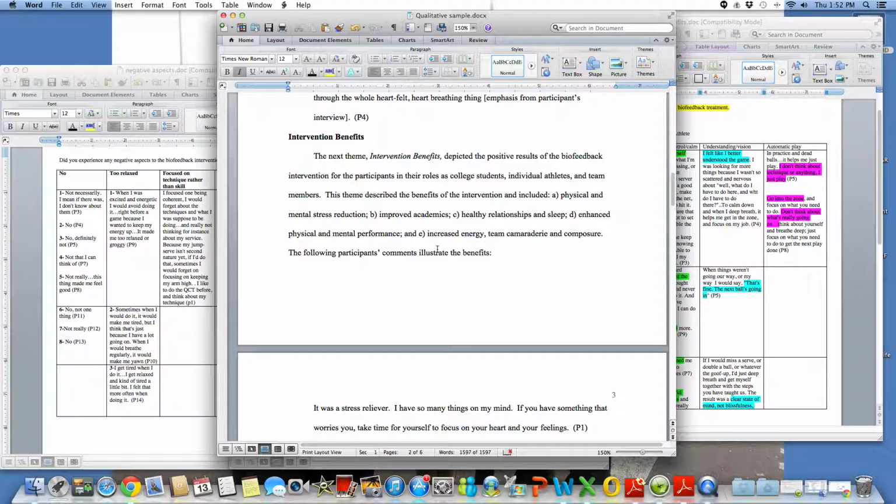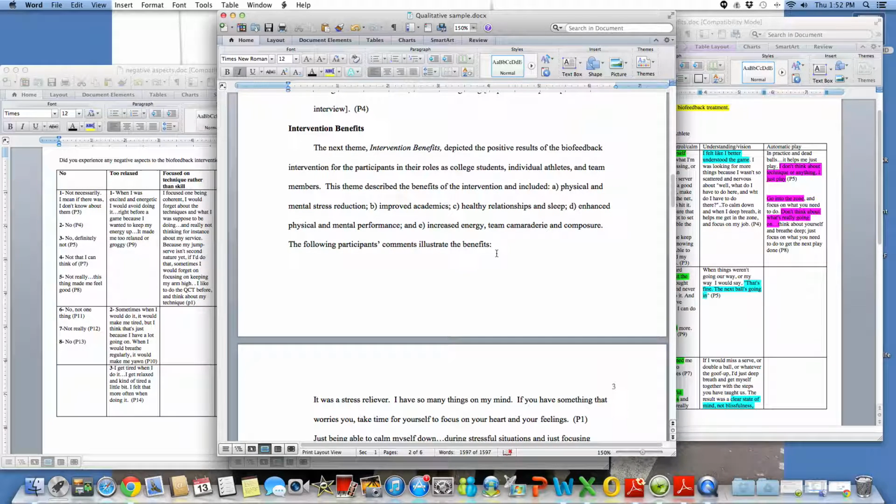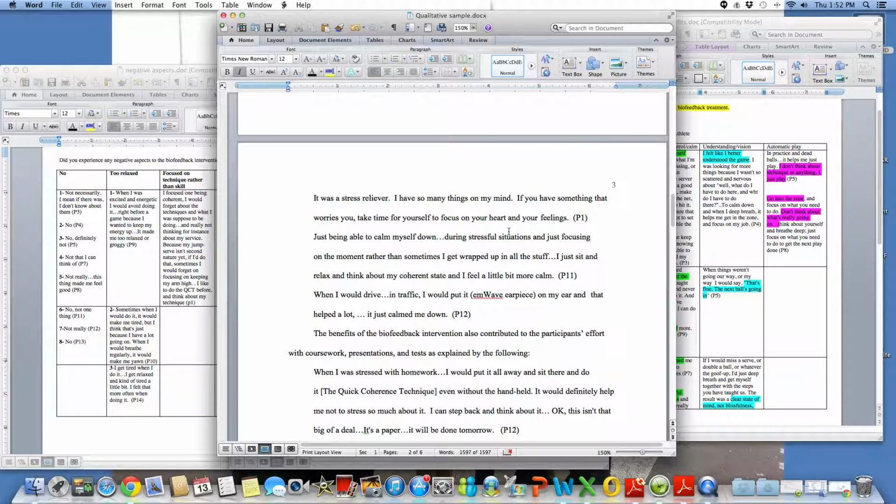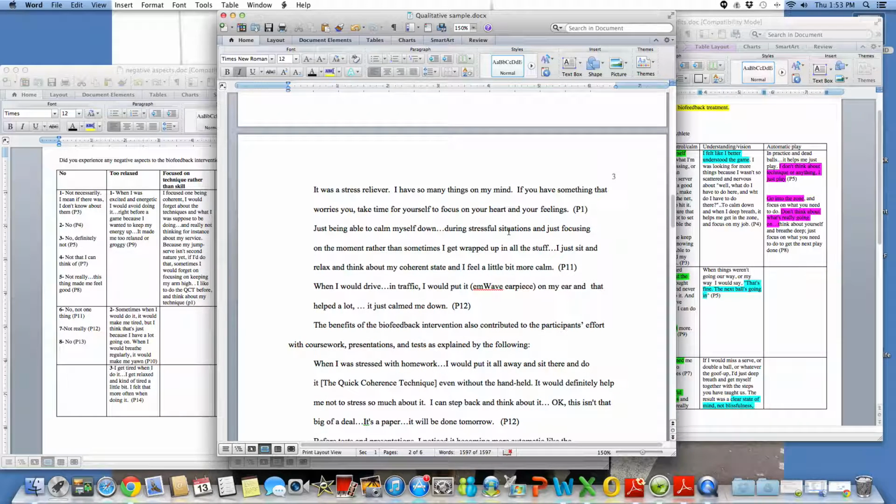And again, the author has provided a lead-off paragraph to prepare the reader for the content of this section, and also provides specific comments to again illustrate or support those findings. And so you can see this section. Usually 3 or 4 participant quotes are enough to support your theme.